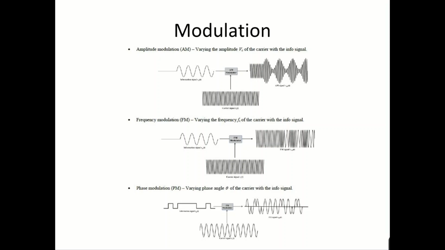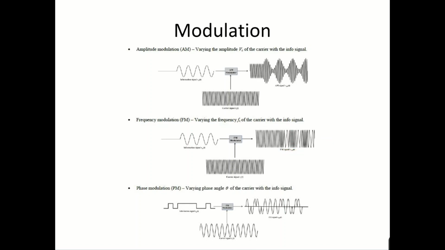So we see here we have an amplitude modulated signal where we have the information signal come in, has a carrier signal here. This AM modulator then spits out this wave here that has been modulated as far as its amplitude has been varied. In frequency modulation, we have an FM modulator with our carrier signal, and we see that the frequency is modulated after a certain point here where it gets to be a slower frequency or a lower frequency and then a higher frequency, so on and so forth.